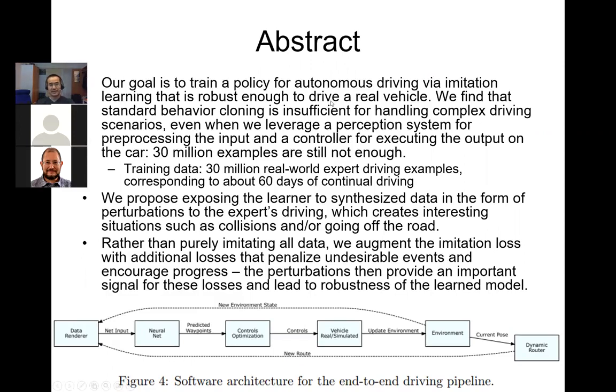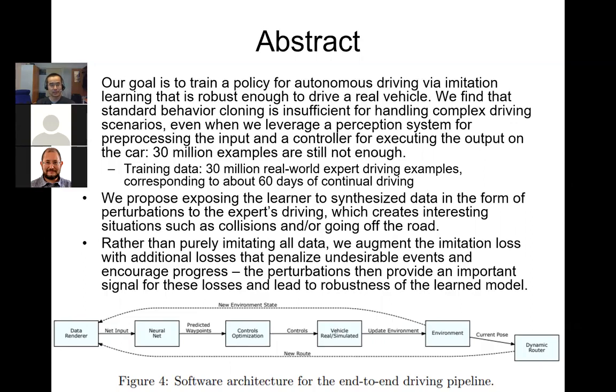We find standard behavior cloning is insufficient for handling complex driving scenarios. Even when we leverage a perception system for pre-processing the input and a controller for executing the output on the car, 30 million examples are still not enough. So that corresponds to 60 days of continual driving.